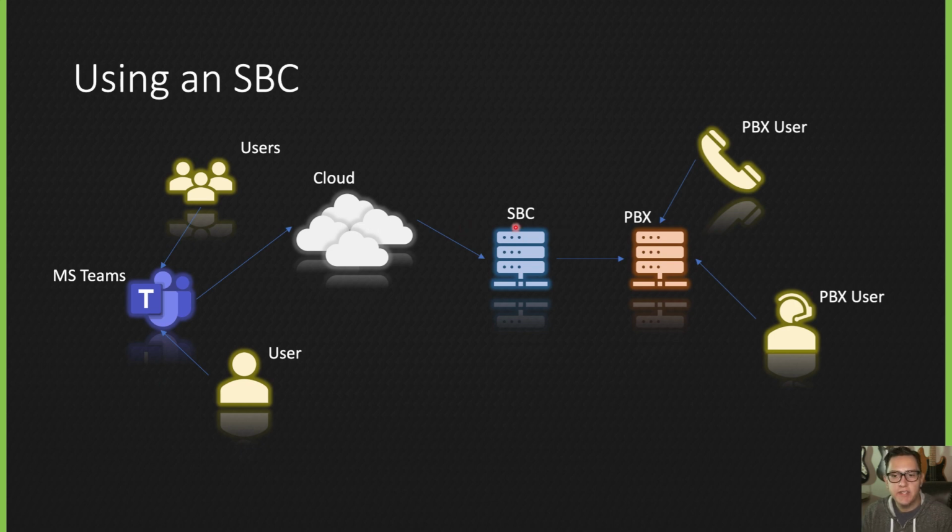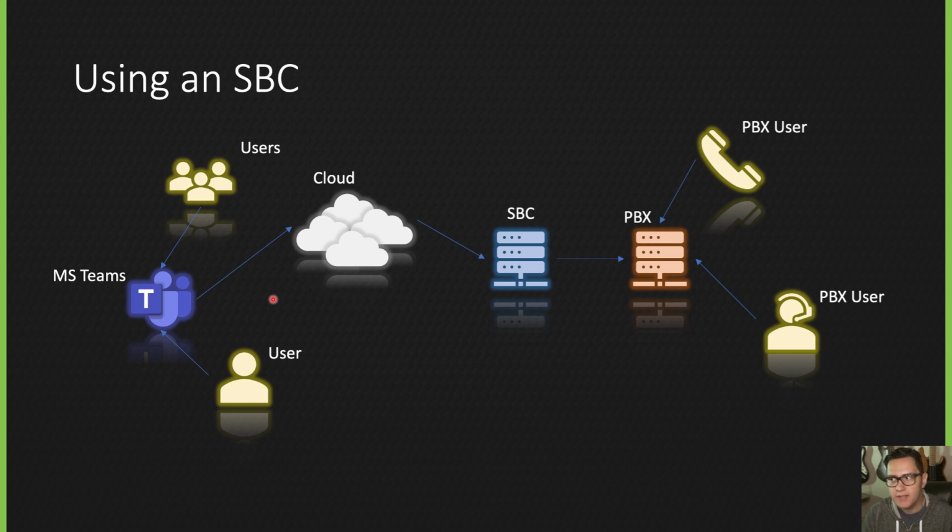So you would have this SBC between the cloud and Microsoft Teams and your PBX. So Microsoft Teams connects through the cloud to your SBC, and then that SBC connects to your PBX. And that's how you would be able to establish your communications between your PBX users and your Microsoft Teams users. That would be one of the typical connections between Microsoft Teams and a PBX.